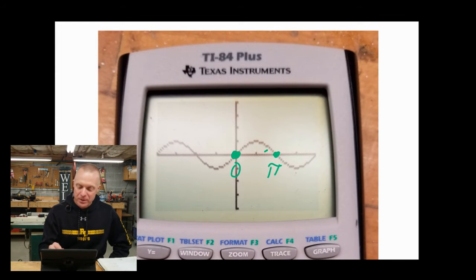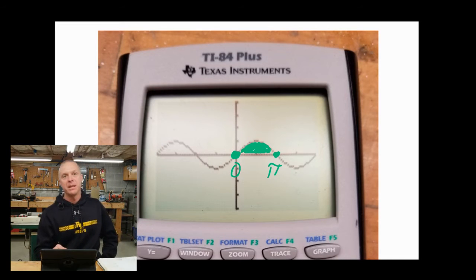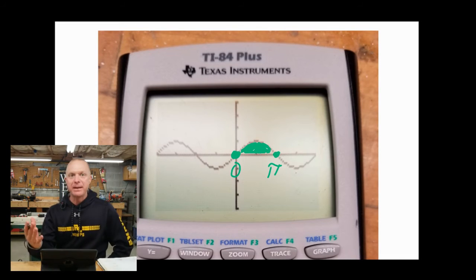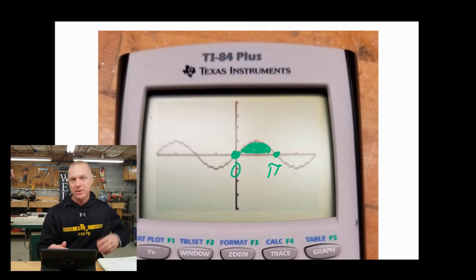We're going to notice that this area under one bump is actually just equal to 2. Now we're going to take that as a given, and we're going to use that to find some other areas that are connected to this interval from 0 to pi, but indeed would be new. Are you ready?